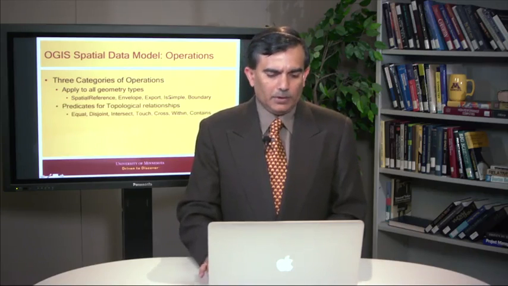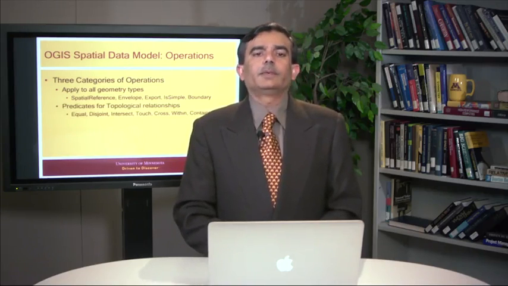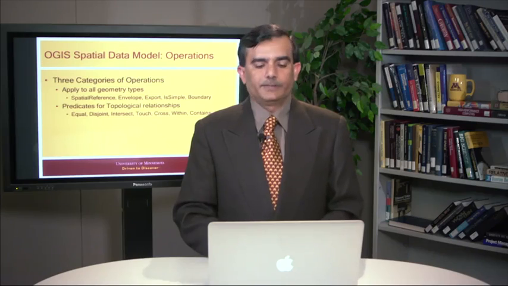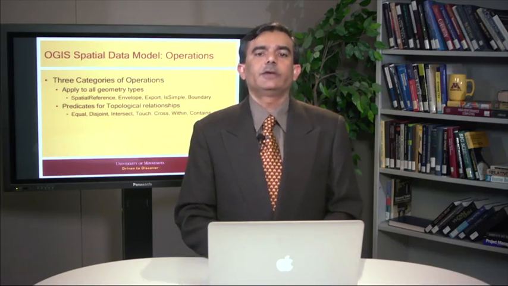The second group tests for topological relationships. If you look at the dictionary meaning, topology is a mathematical notion. There is a branch of mathematics called topology, and it deals with those spatial relationships which are independent of your map projection. Not all properties are like that.